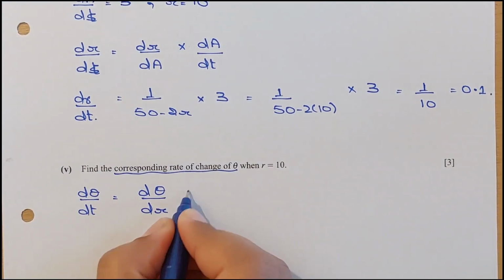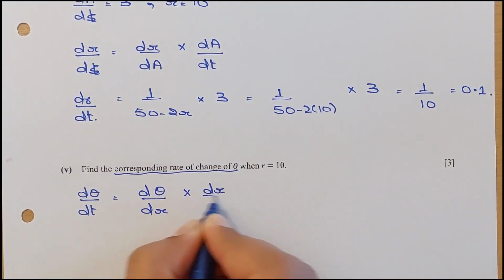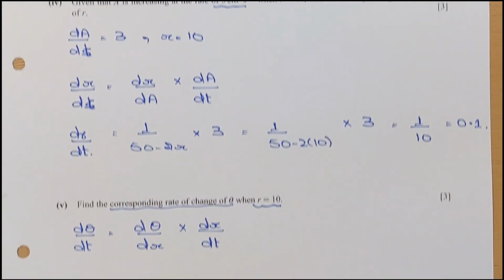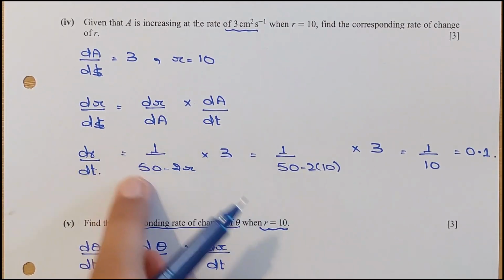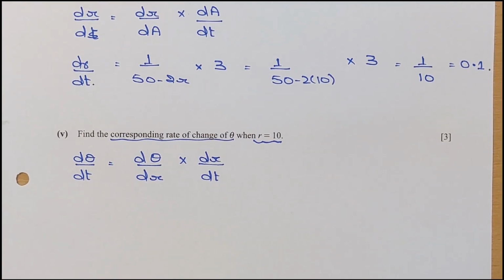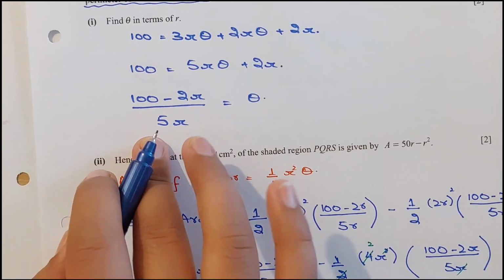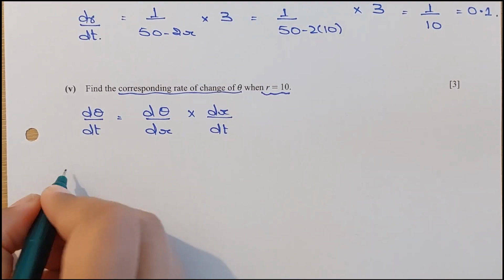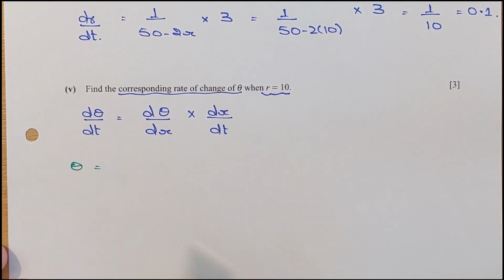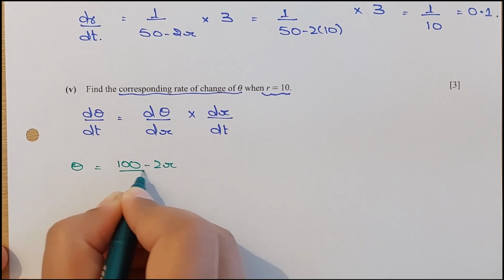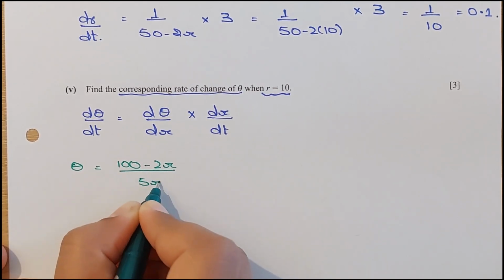We have to differentiate theta with respect to r first. So theta is (100 minus 2r) divided by 5r.